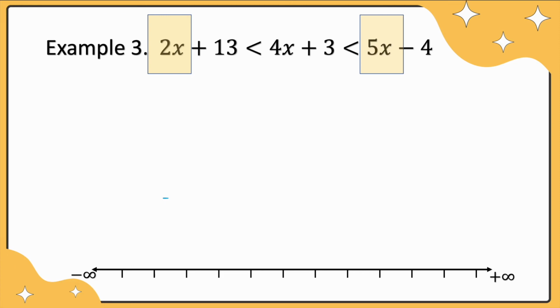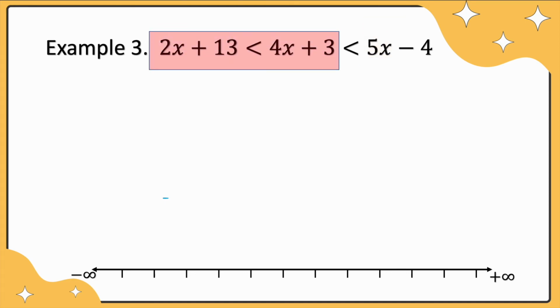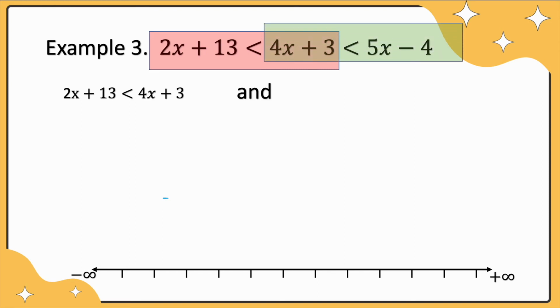So to solve this, we split this inequality into two parts again. So first part is 2x plus 13 less than 4x plus 3, and our second part is 4x plus 3 less than 5x minus 4.